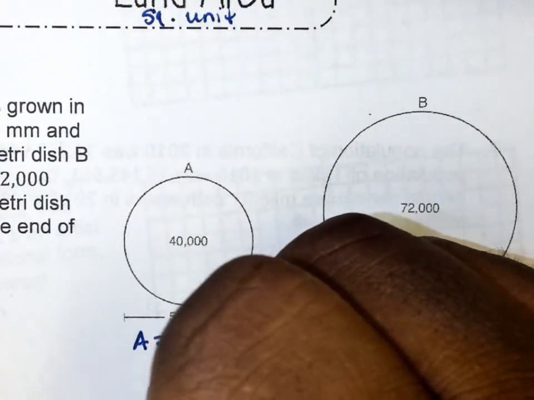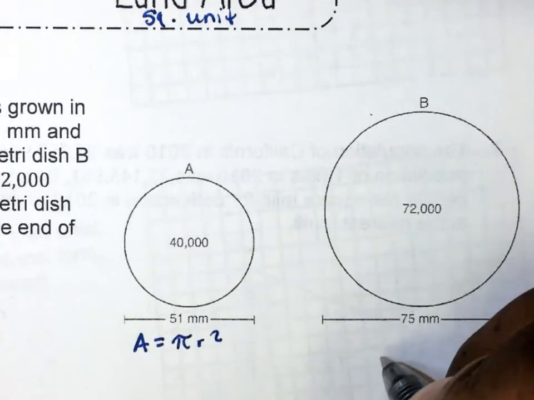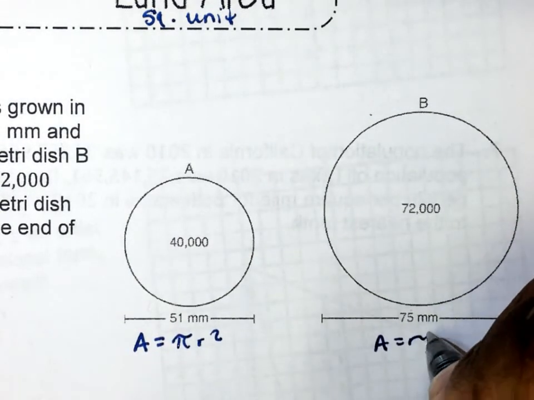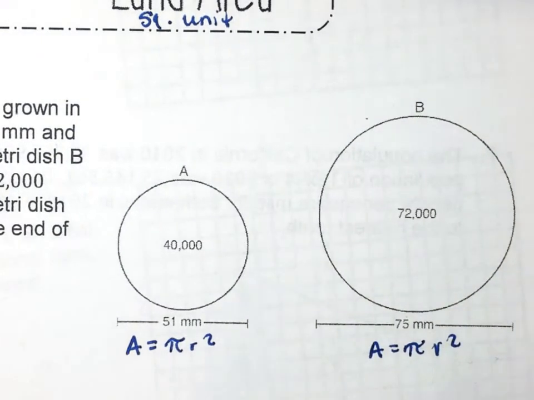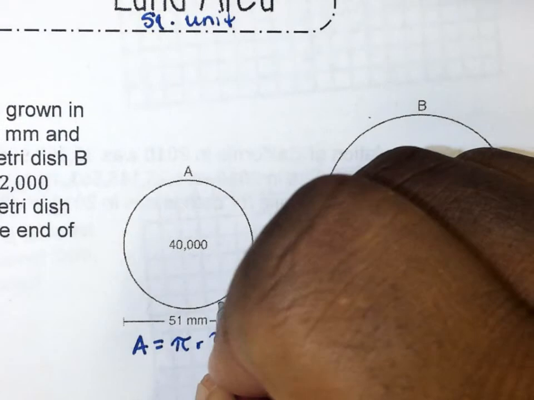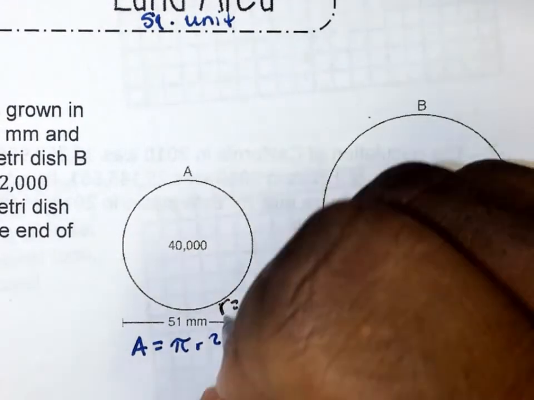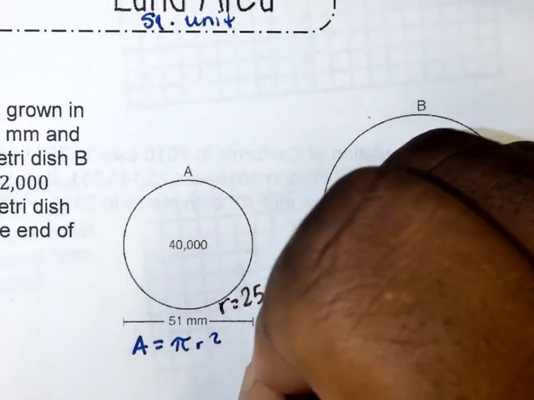A equals pi r squared. I'm going to write it under both because that's what we're using. A equals pi r squared under both. If that's the case, using pi r squared, you need r. What is my radius on the first one? 25.5.